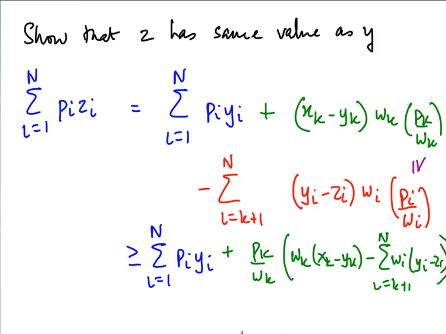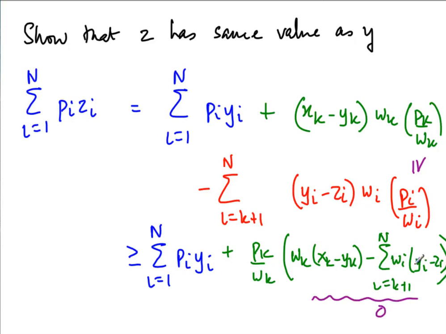Now the crucial thing is what is inside this thing. I have wk into xk minus yk and I have the summation, and if you recall, this was exactly what we showed earlier as being the definition. The definition was that we reduced the later terms to compensate for this. So these are actually two equal terms, and so this simplifies to 0.